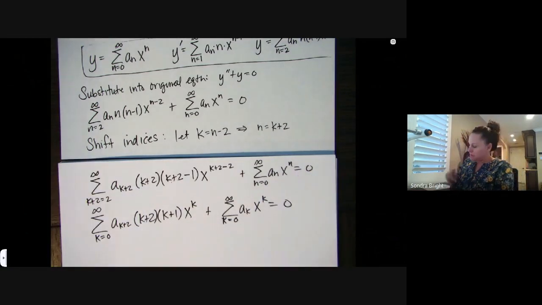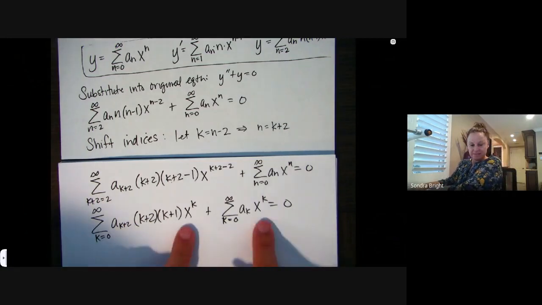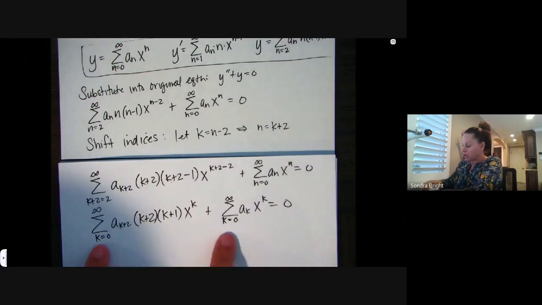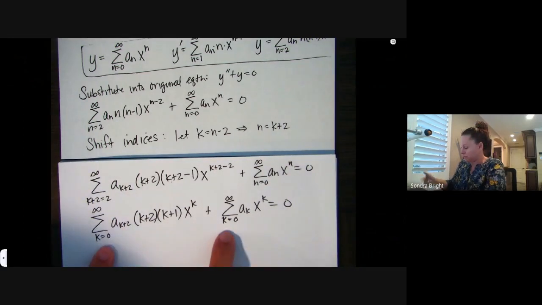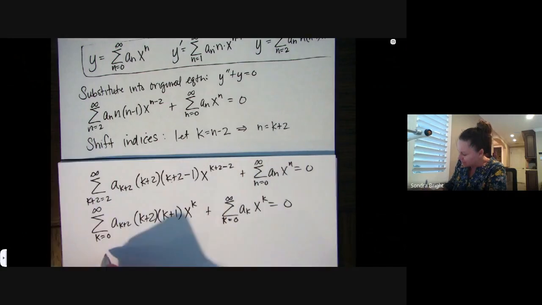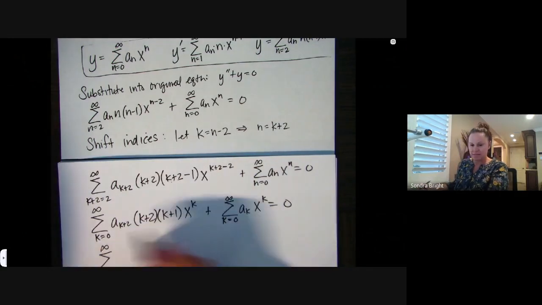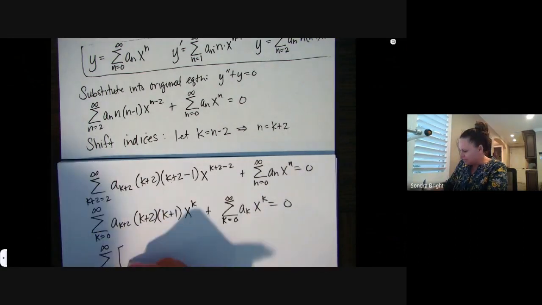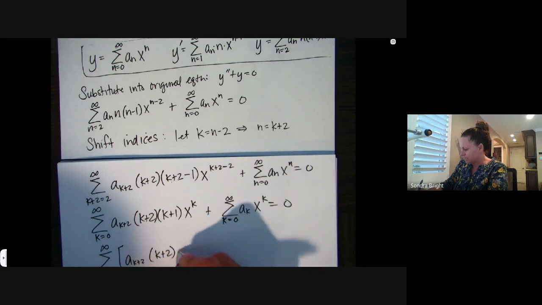Now I've got both of these are x to the k's, so I can factor that out. They're also both starting with k equals 0 to infinity, so I can write them as a single sigma starting at k equals 0 to infinity, and it's a sub k plus 2 times k plus 2 times k plus 1.